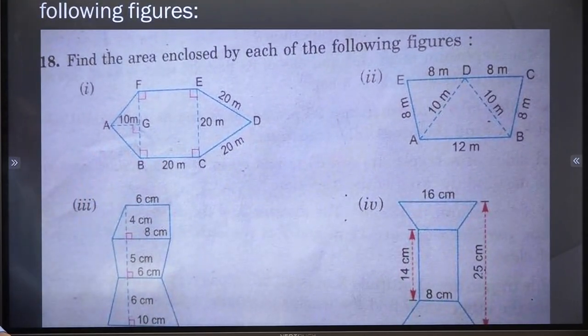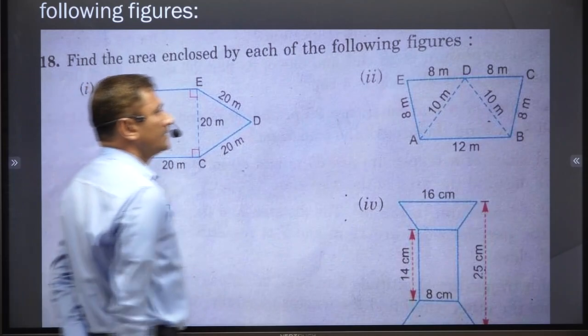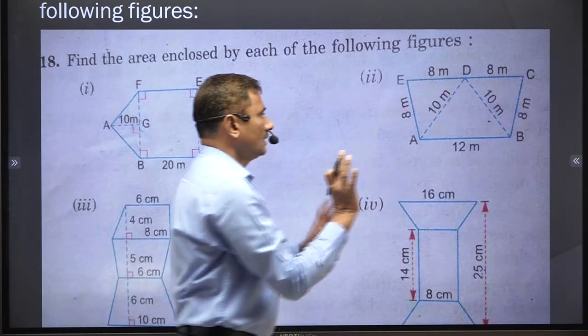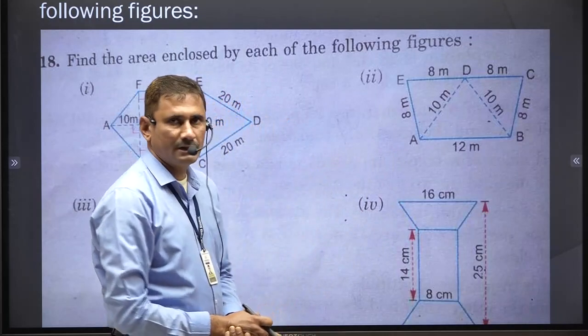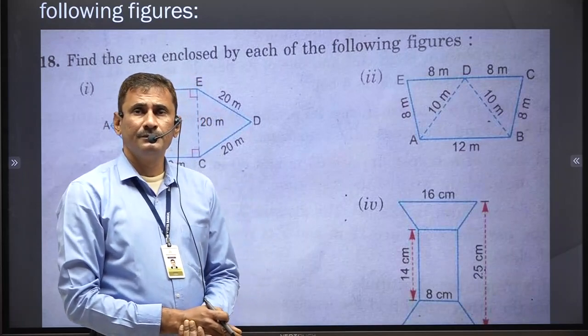Okay, now the second and third are given as homework. So look at the second one. Here also basically ABCD, one quadrilateral is there. It seems somewhat like a quadrilateral. Whether it is a trapezium or not, we don't know.